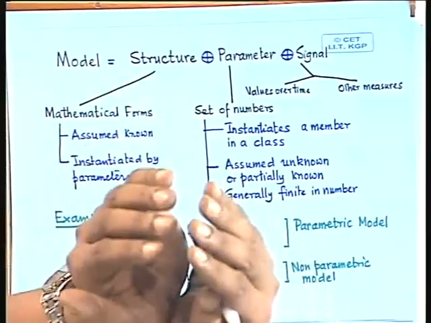So in general we are interested in those model forms which have a nice finite set of parameters by which you can characterize the model. On the other hand, there are some model forms in which there are still parameters, but those parameters are very large in number, so they are not really called parameters. Such models are called non-parametric models.